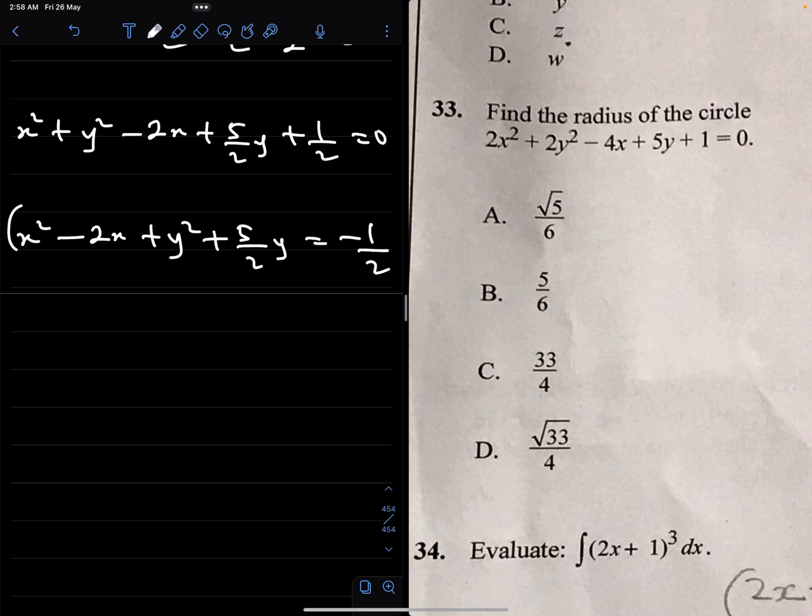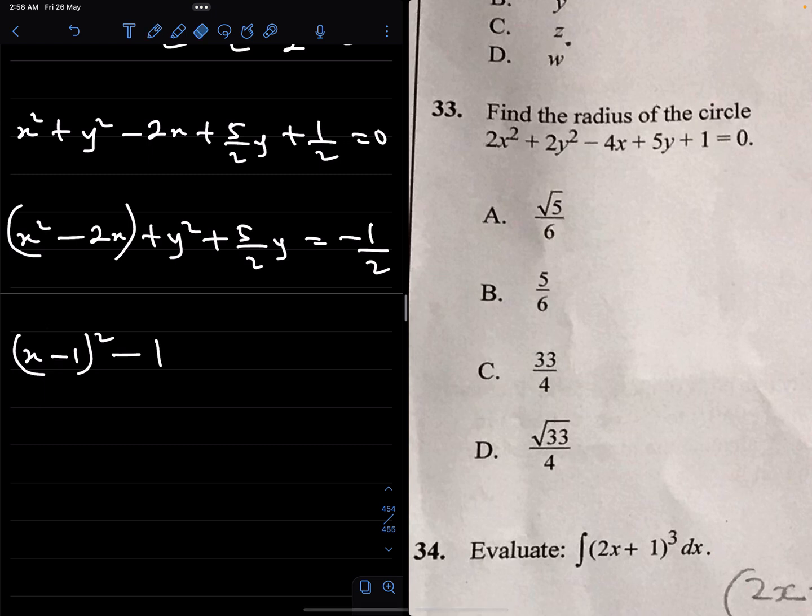Now I want to complete the square for x squared minus 2x. That simply means x minus, just write x and find half of the coefficient of x, that's minus 1, and you put a square there, so that's x minus 1 all squared, minus the square of this half of the coefficient of x, so the square of minus 1 is 1.